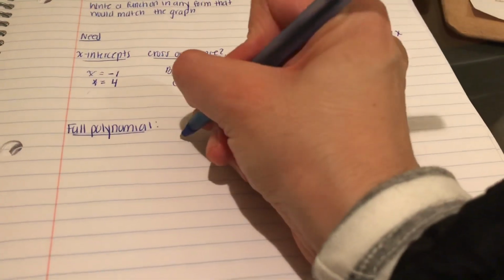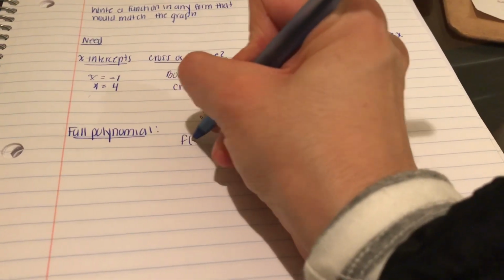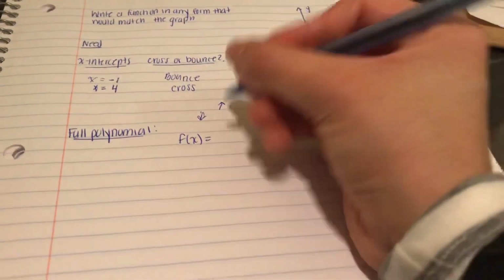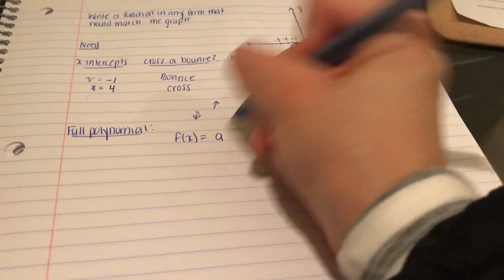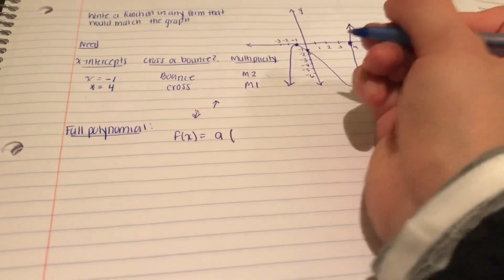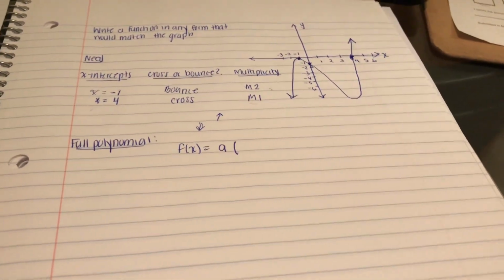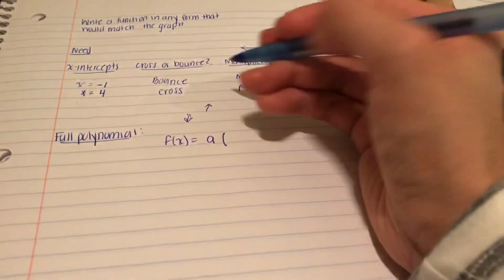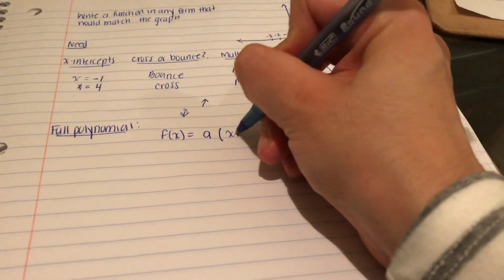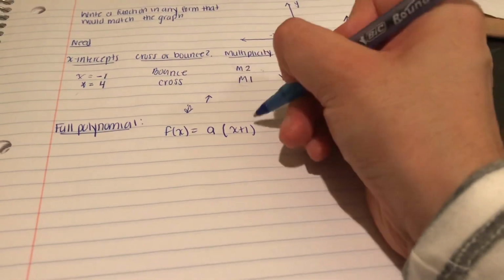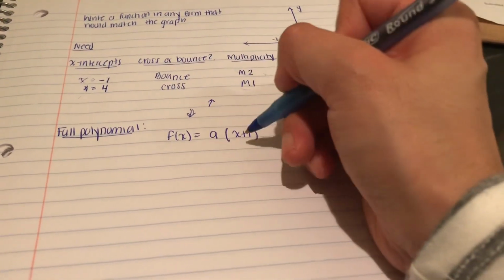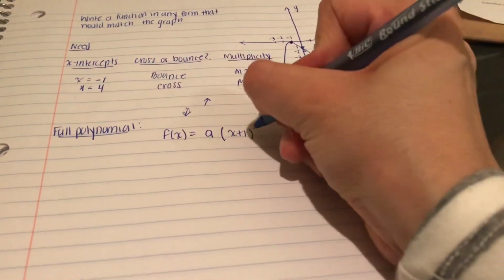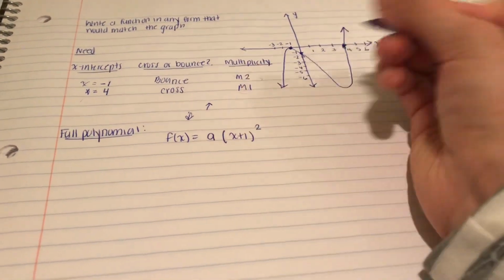So to write out the full polynomial, we're just going to write f of x equals, I don't know what my leading coefficient is, so I'm going to write the letter a. And I'm going to start writing the factors using the information from the x-intercepts. So the first x-intercept was at x equals minus 1, so my factor is going to be x plus 1. My multiplicity was 2 of that factor, so x plus 1 will get a power of 2.